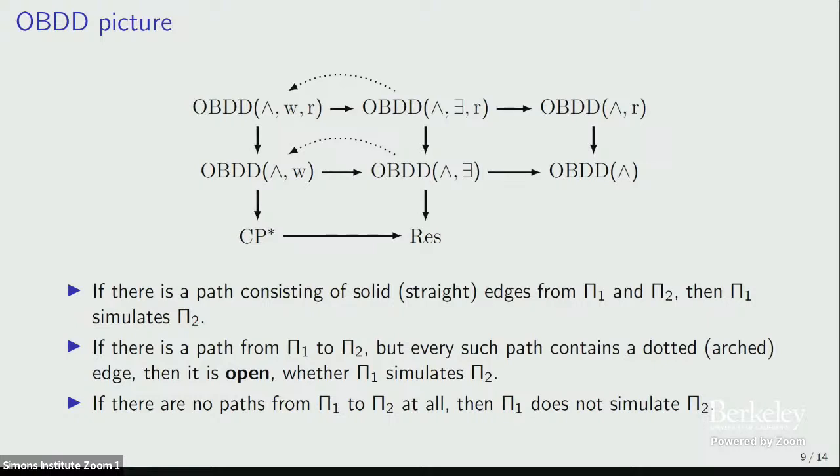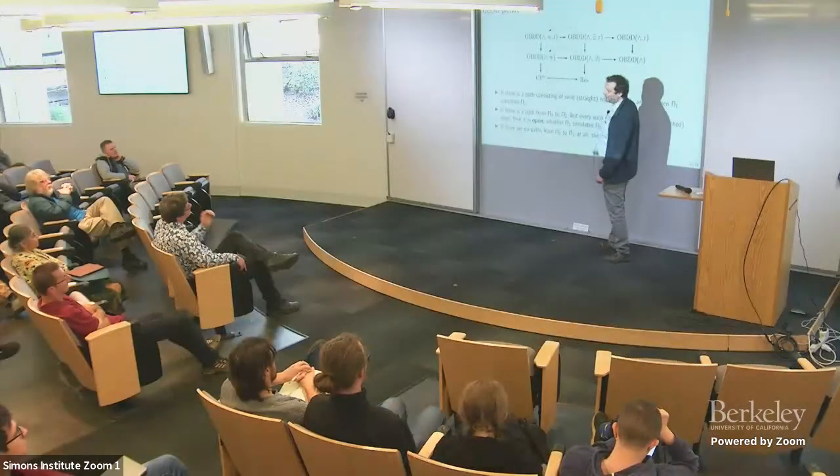For example, it is interesting that the star does not simulate, just if we have only the conjunction rule. And also the weakening rule can simulate the reordering rule.